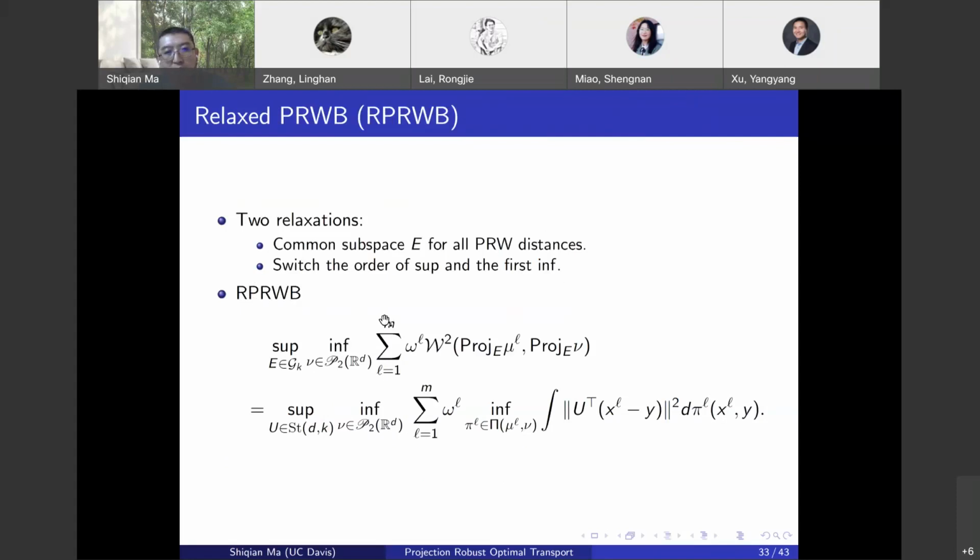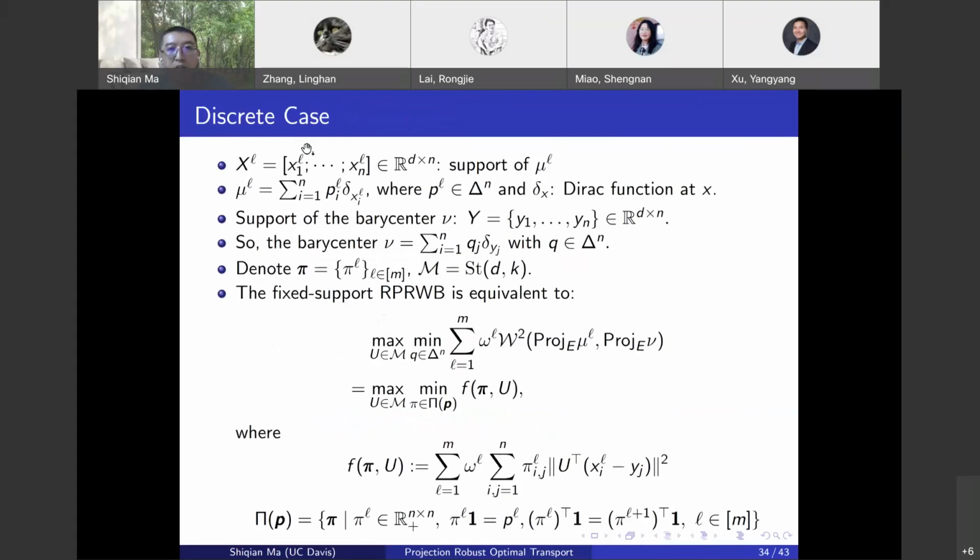I'll skip some details. If I look at the discrete case of this problem, it is very similar to the projection robust Wasserstein distance problem we discussed before. We have a max-min problem. For the min part, that's a linear programming problem with respect to pi.